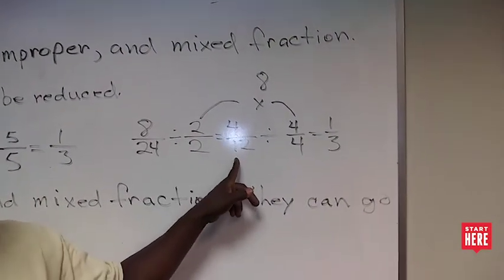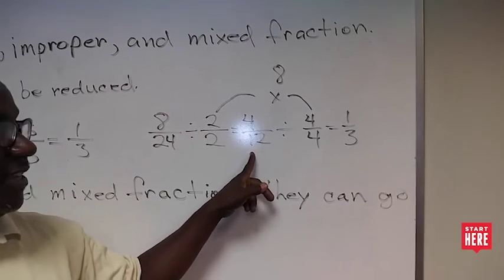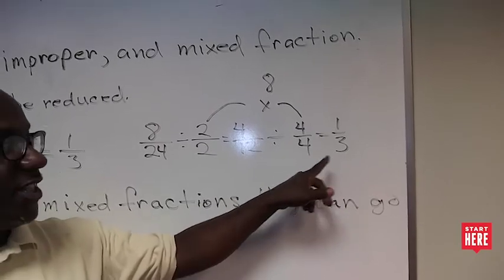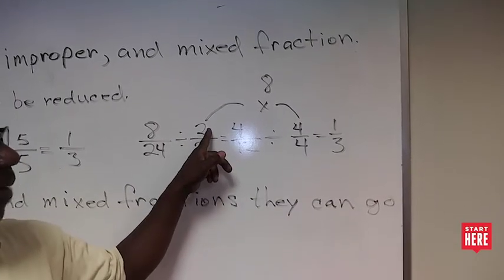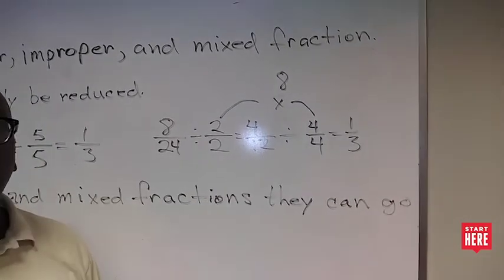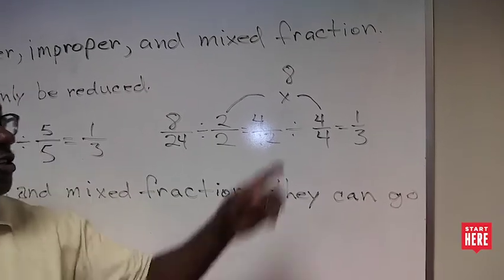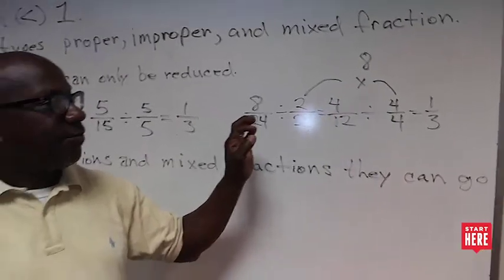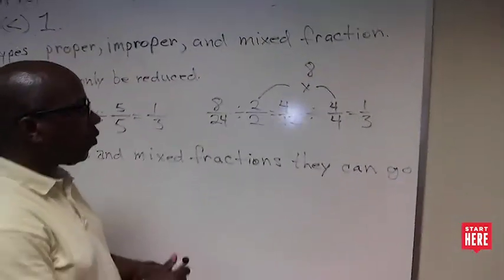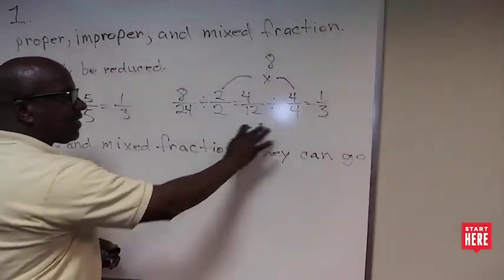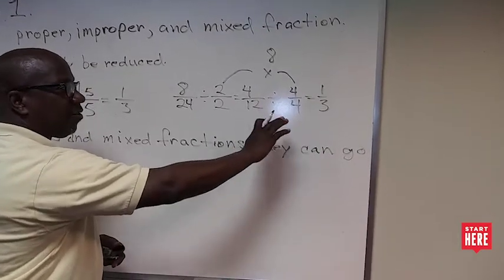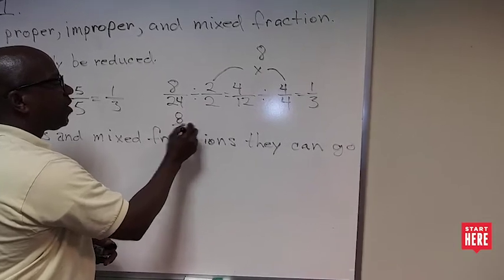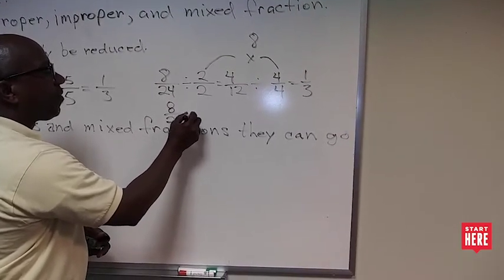But when we got our answer, we could continue reducing this, and then we reduced 4/12 by 4, which gave us 1/3. So we reduced by 2, and then we reduced by 4, and when you multiply those two numbers, you get 8. Hence, 8/24 is actually reducible by 8. And so what I could have done, this is just to show you the process if you don't know the largest number. And I will show you, you would get the same thing.